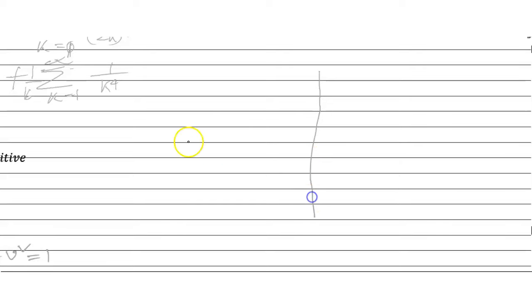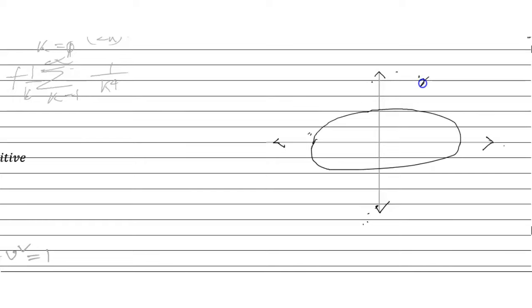This is a line, this is my axis, and this is my ellipse. The ellipse equation is x square by a square plus y square by b square equal to 1. They just ask that this portion I have to find out.